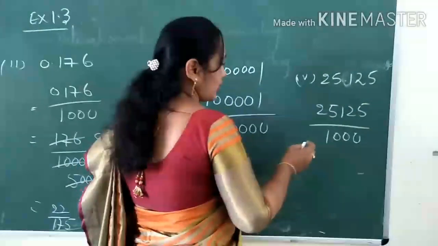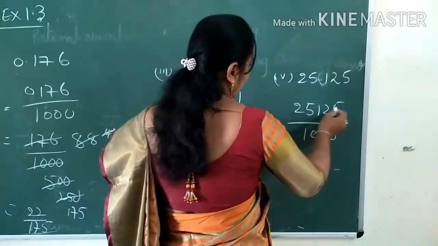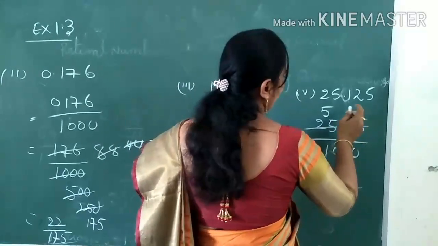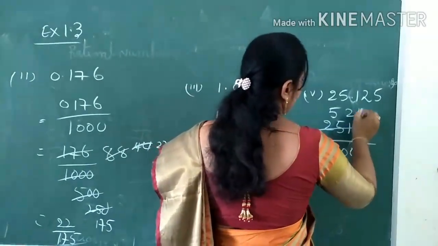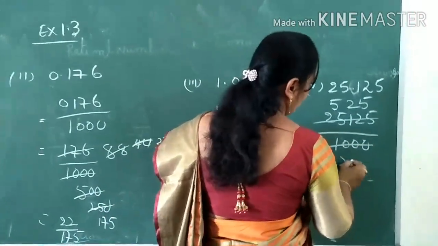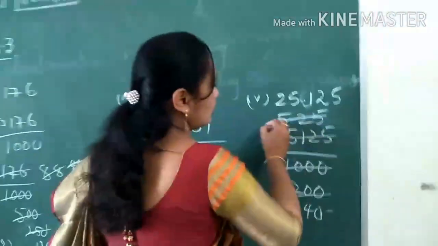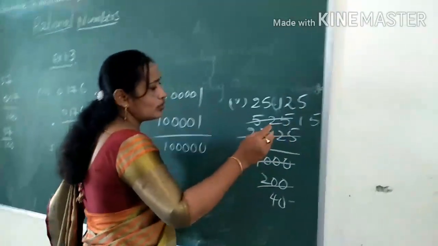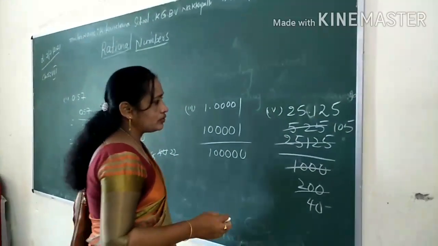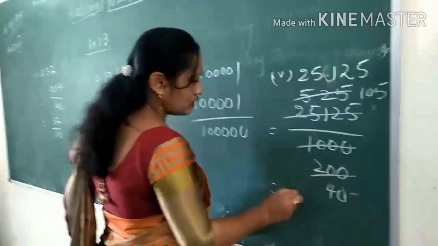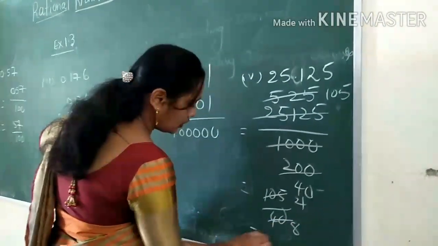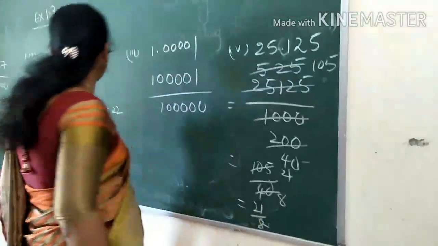Now we have to cancel by 5. 5 by 25125 and 5 by 1000, again 5, and again 5, giving 1005 by 40, and then 5 more, so 21 by 8. This is the fraction number.